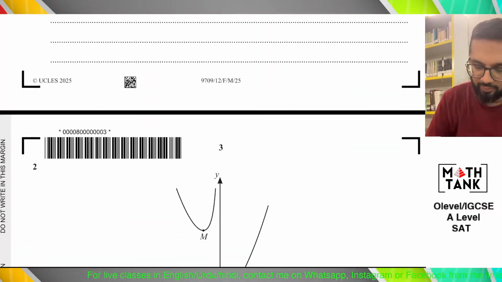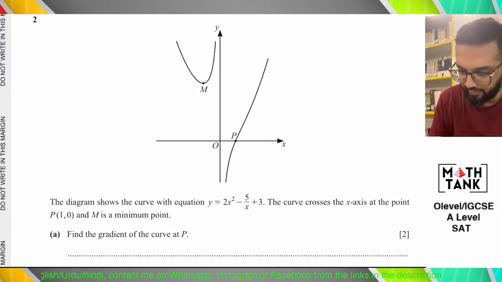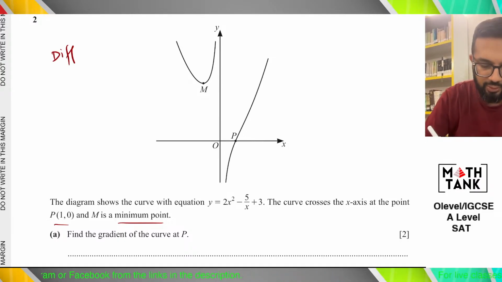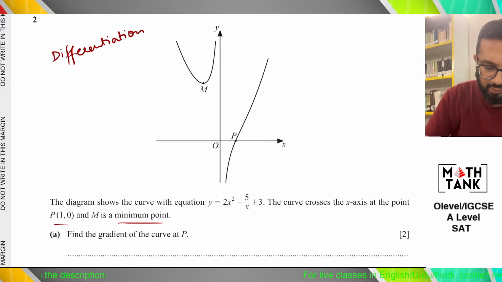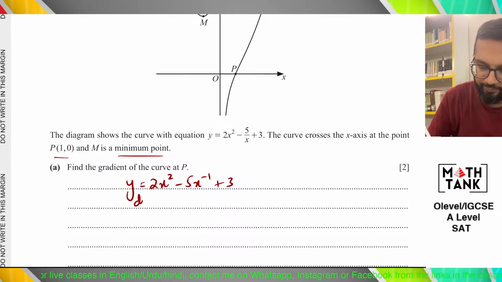Move on to question number 2. Question number 2 says the diagram shows a curve with this equation. The curve crosses the x-axis at this point and M is a minimum point. This is a question on differentiation. Okay, first what I'm going to do is say that dy over dx equals x plus 5x to the power minus 2.